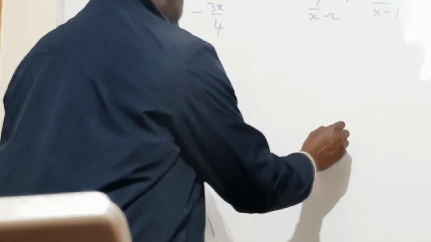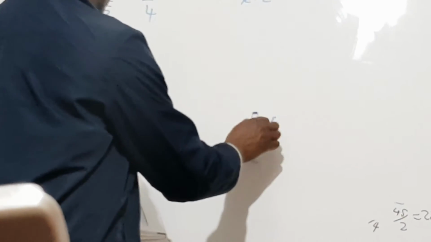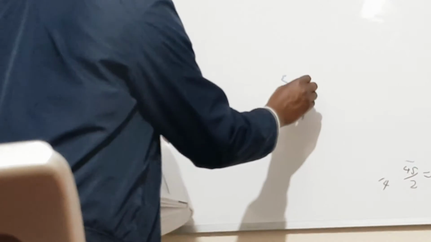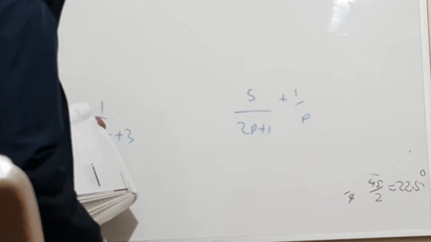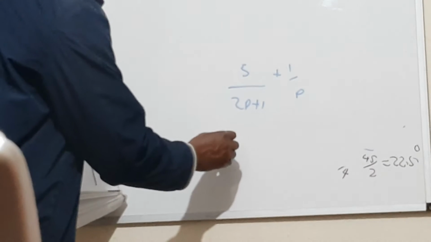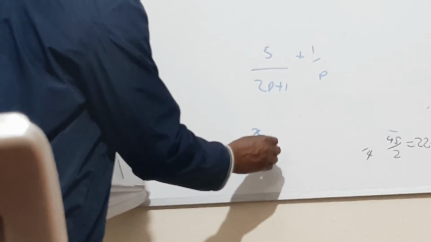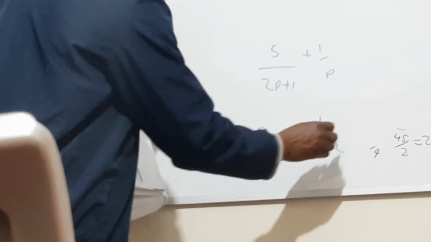They can give you 5 over 2p plus 1 over p. And there's a dangerous one here: x over x plus 2 plus 1 over x plus 2. There are even more dangerous ones here, so some of them you do off the camera.